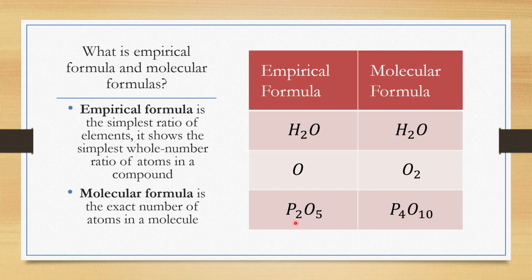This is because we're able to multiply the empirical formula to get a more complex molecular formula. If we multiply the subscripts by 2, we get this. So 2 times 2 is 4, and then 2 times 5 is 10. So we're able to divide the molecular formulas by 2 to get this. However, this we cannot simplify any further, so this is our empirical formula.